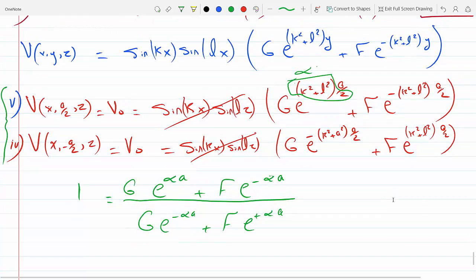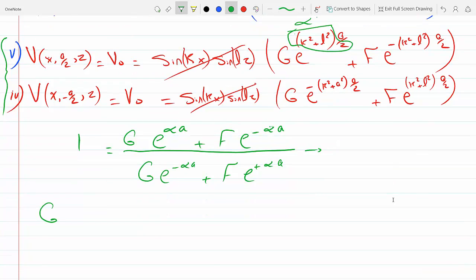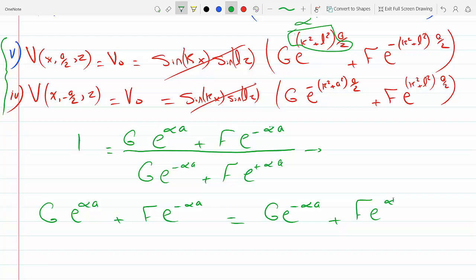Okay, cross multiply, basically they're equal: g e to the alpha a plus f e to the minus alpha a has to equal g e to the minus alpha a plus f e to the alpha a.